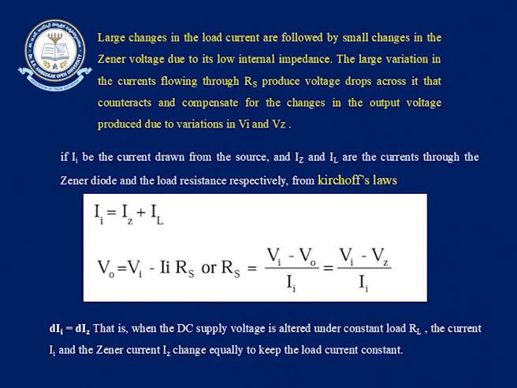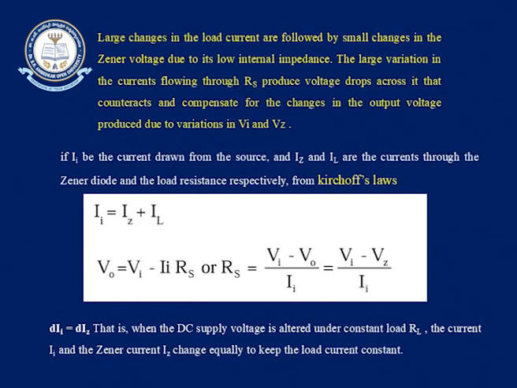Okay. So if Is is the current drawn from the source, and Iz and IL are the ZNR current as well as the load current, then according to Kirchhoff's laws we can write Is equals Iz plus IL. So the input current is nothing but the sum of the current passing through the load IL and the ZNR diode Iz.